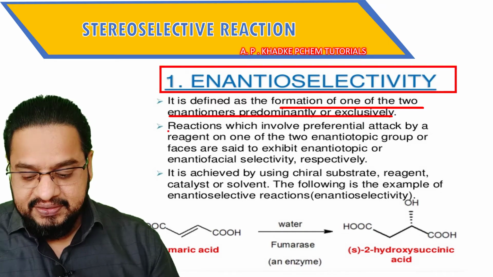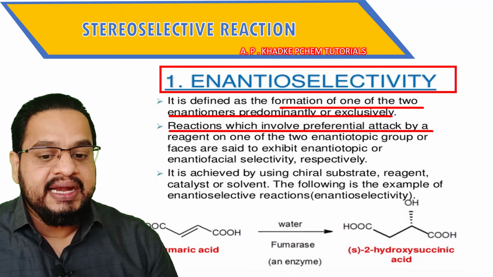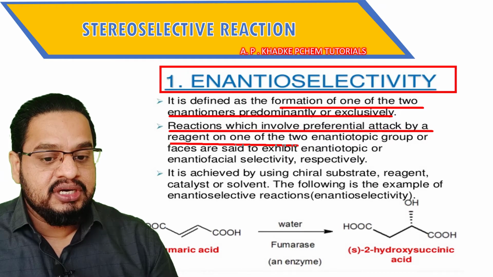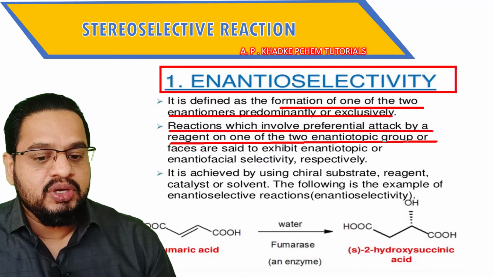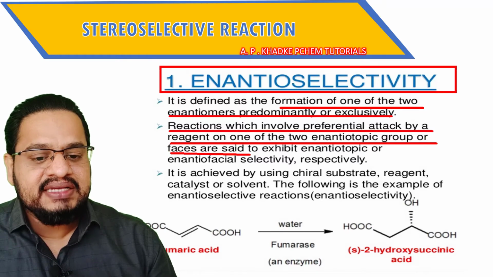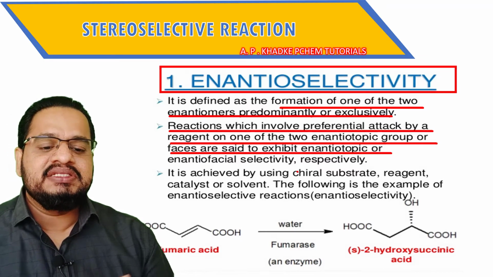OK, please see the next line. Reactions which involve preferential attack by a reagent on one of two enantiotopic groups or faces are said to exhibit enantiotopic or enantiofacial selectivity.